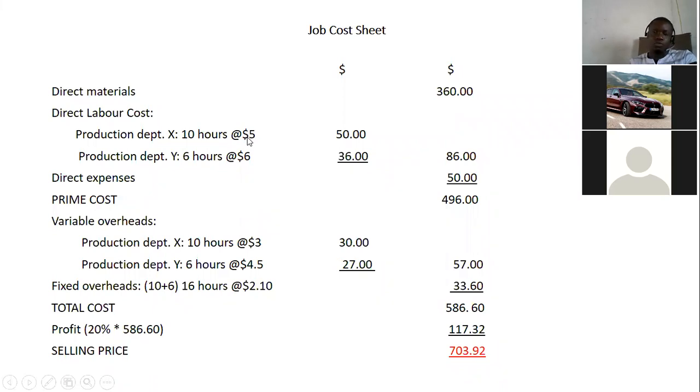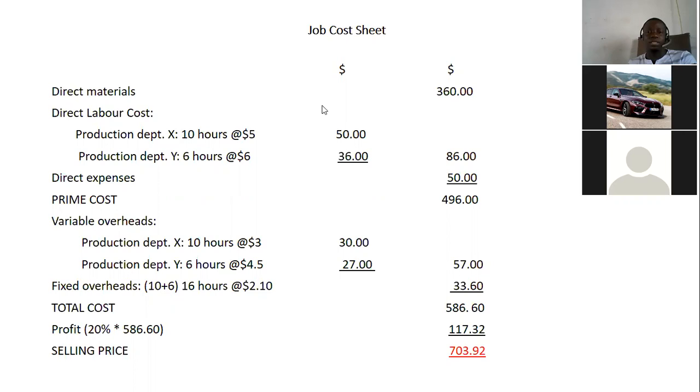So you have to multiply that, right? When you multiply that, we are getting 50. Production department Y, we were told 6 hours at $6. When we multiply that, we are getting $36.